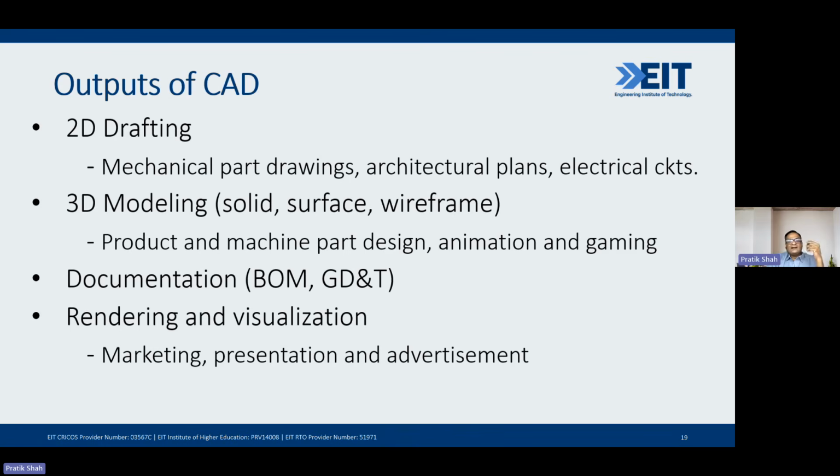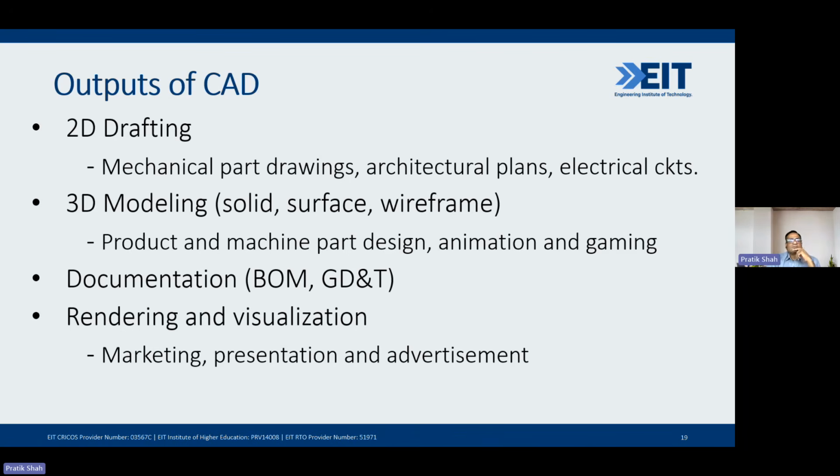It can be mechanical part drawings or architectural plans, or it can also be electrical circuits when used for electrical applications. It can be in the form of 3D modeling tools like solid modeling, surface modeling, and wireframe modeling. These three all fall into the category of geometric modeling, which I will be shortly covering in my presentation. It also helps in documentation.